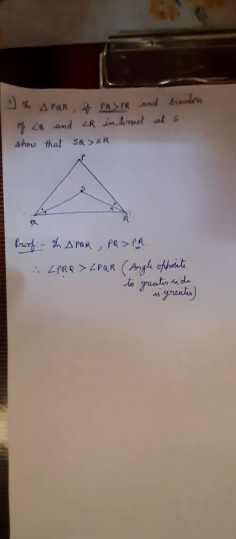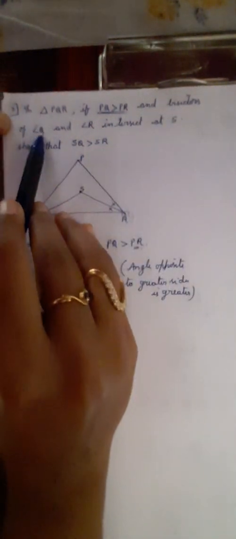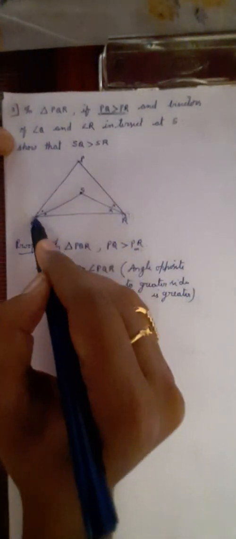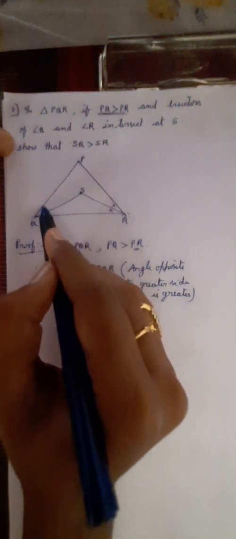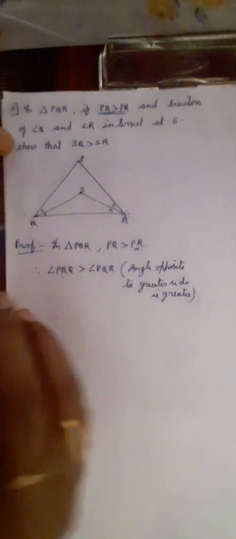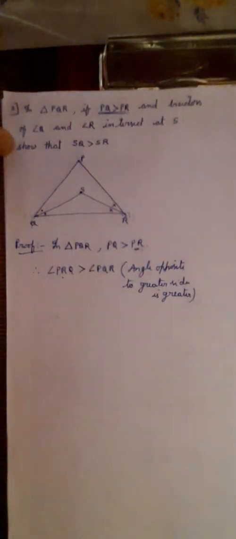Now one more statement given in the question, that is bisectors of Q and R. Bisector means, one angle's bisector is QS. This line QS bisects the angle Q. So this line divides the angle Q into two equal parts. That is called bisector, cutting in exact half.